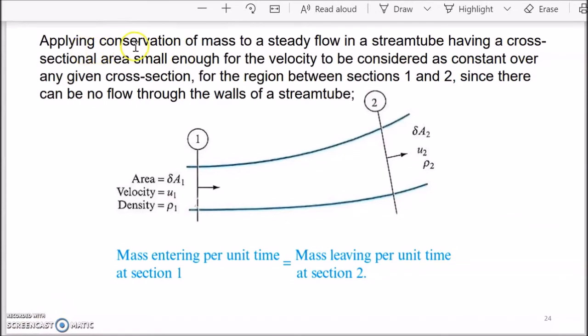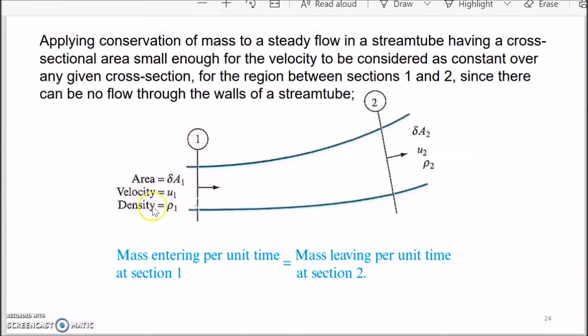By applying conservation of mass to a steady flow in a stream tube having a cross-sectional area small enough for the velocity to be considered constant, for the region between section 1 and section 2, since there can be no flow through the walls of a stream tube, the area at section 1 is A1, the velocity that passes this section is U1, and the density of the fluid is ρ1.